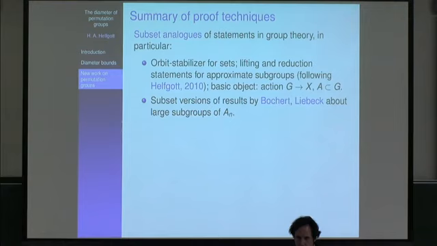So, for instance, it sounds completely insane, but say the orbit-stabilizer theorem, it's a very simple statement, really a basic lemma, but we call it a theorem when we teach undergrads. That's true for sets as well, if you state it right. It's no longer an equality, it's two inequalities in different directions. They are slightly weakened, but they give you the original statement in the special case where the set is a subgroup. And that's a statement about group actions in general.